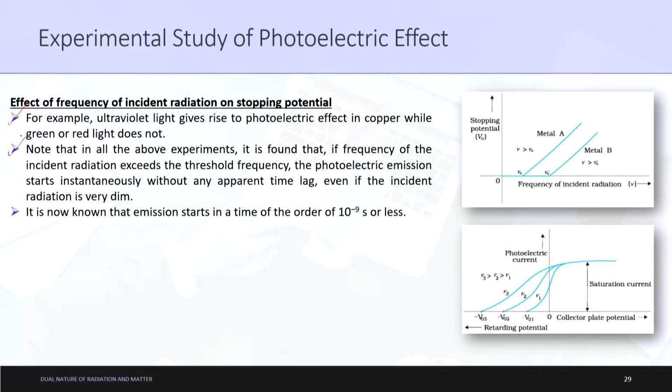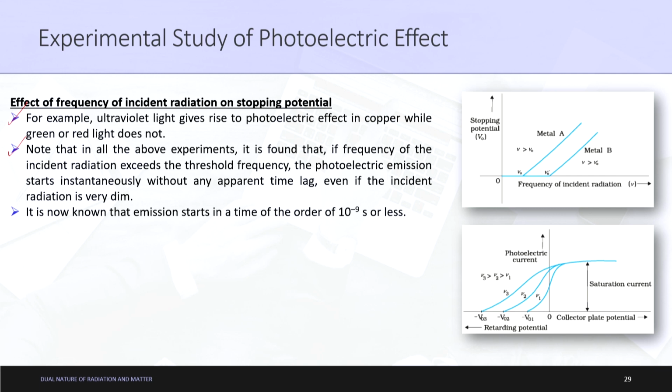Note that in all the above experiments, it is found that if the frequency of the incident radiation exceeds the threshold frequency, the photoelectric emission starts instantaneously without any apparent time lag, even if the incident radiation is very dim. So these are the experimental findings being explained. We found that there was no time lag even if the radiation is very dim.